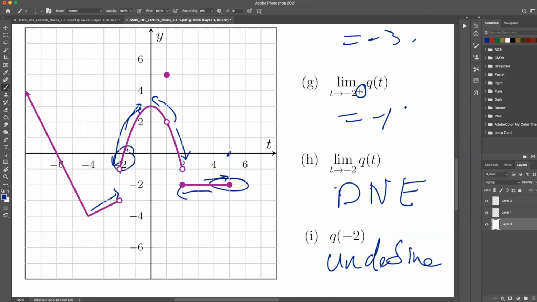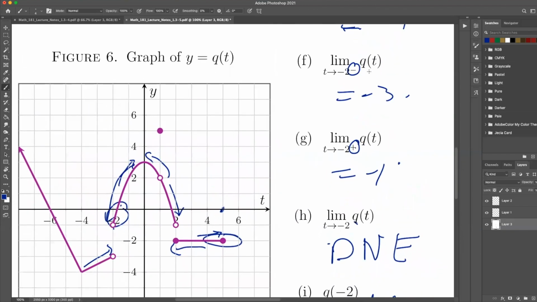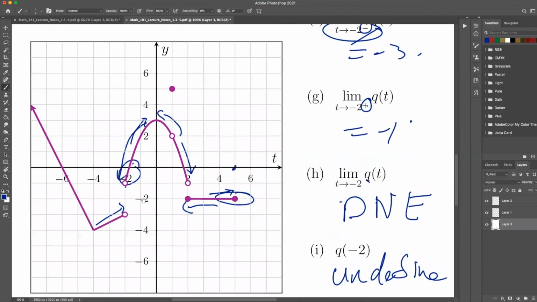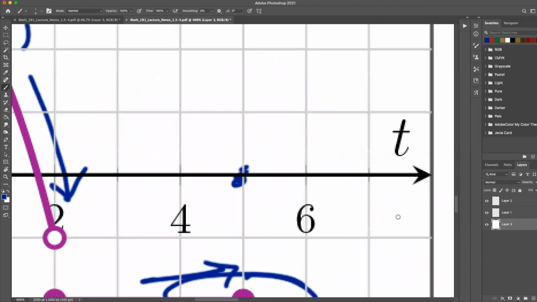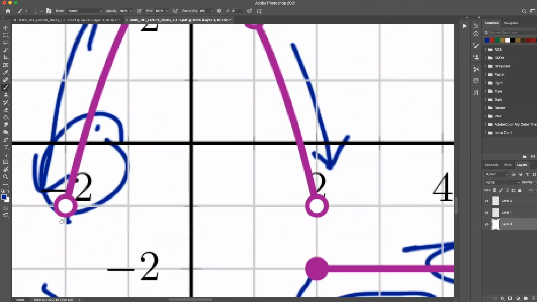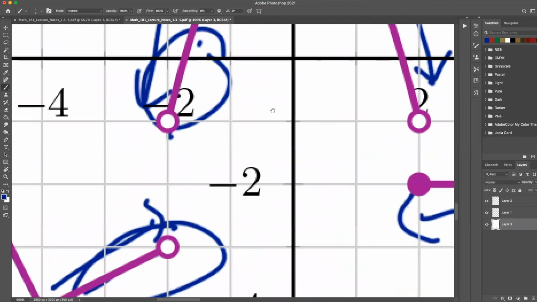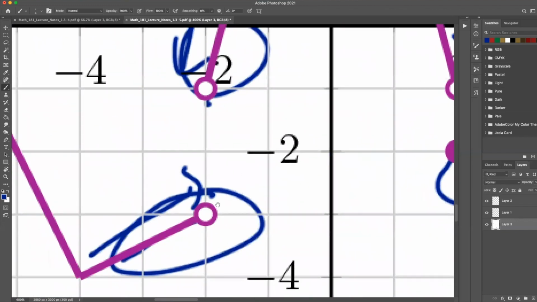For this one, we're going to be looking at values which are slightly less than -2. So we're just looking right here. And so when you do these limits, you kind of need to put on blinders. You're going to say, I don't care about the rest of the function. I only care about this, or I only care about this. You really just need to focus on the small little part that's next to it. Does that answer the question?